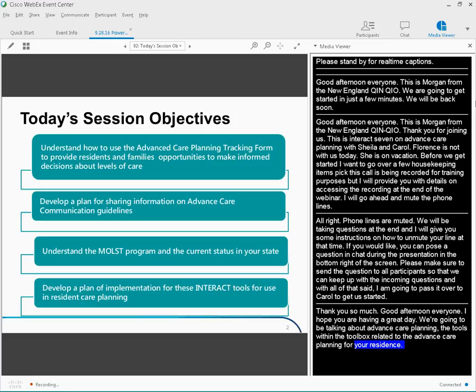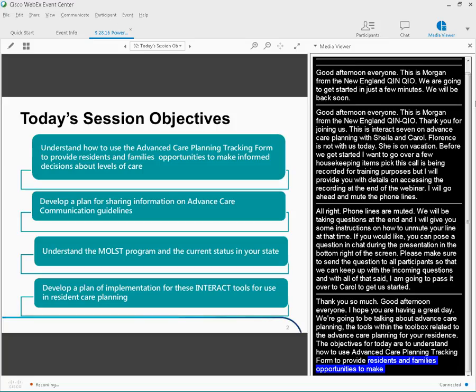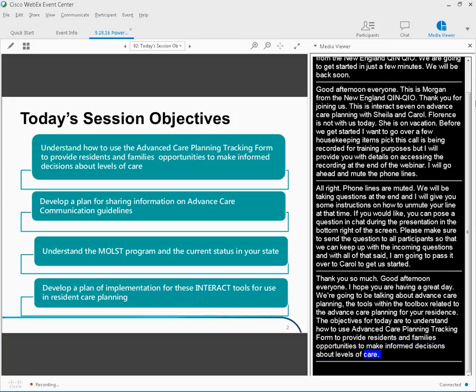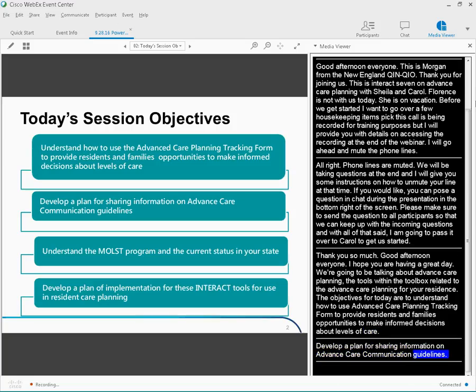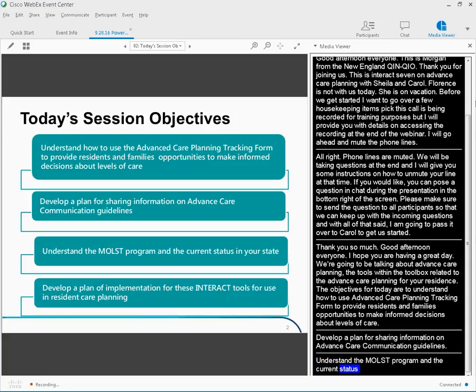The objectives for today are to understand how to use the advanced care planning tracking form to provide residents and families opportunities to make informed decisions about levels of care, develop a plan for sharing information on advanced care communication guidelines, understand the MOLST program and the current status in Connecticut, and then develop a plan of implementation of these Interact tools for use in resident care planning.